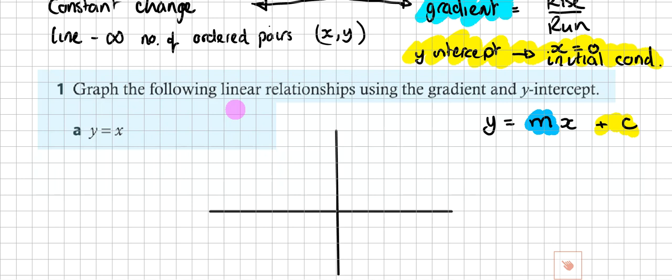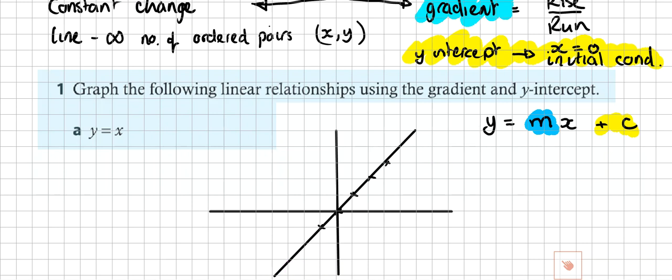So that's one way of plotting this line: if x is 0, y is 0; 1, 1; 2, 2; 3, 3; negative 1, negative 1, and so on. And I could happily just draw my line like that.